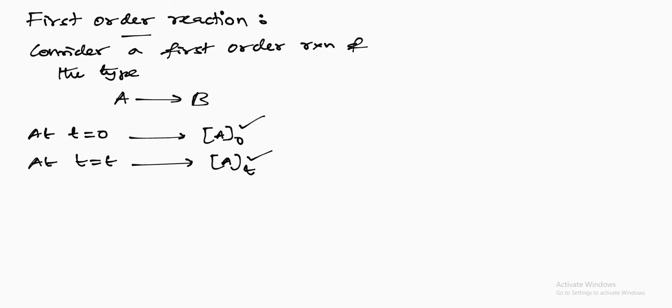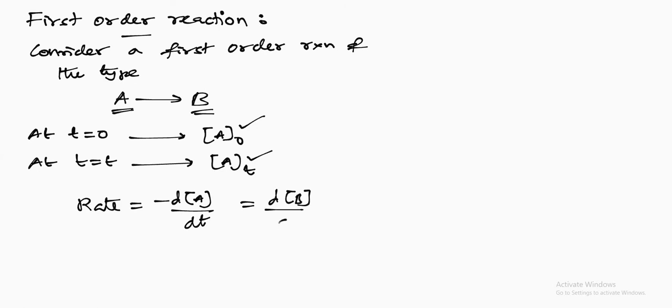Okay. Now, what is the rate of the reaction? Rate of this reaction can be written, with respect to reactant, as minus dA by dt. With respect to product, we can write the rate of the reaction as dB by dt. For reactant, you should put a negative sign. For product, a positive sign.